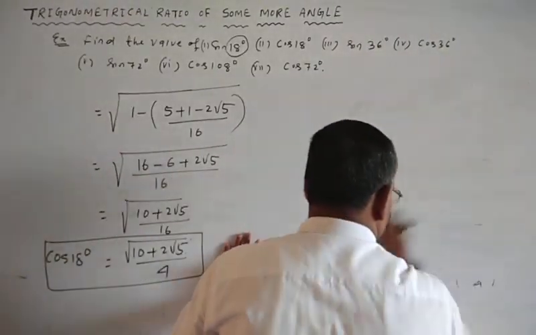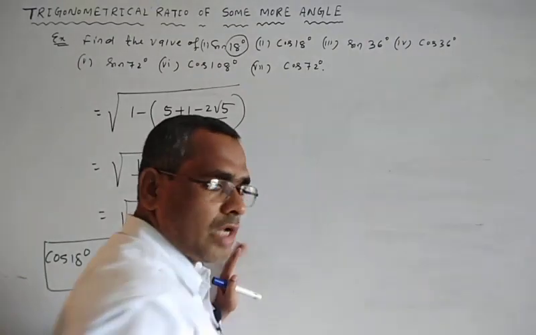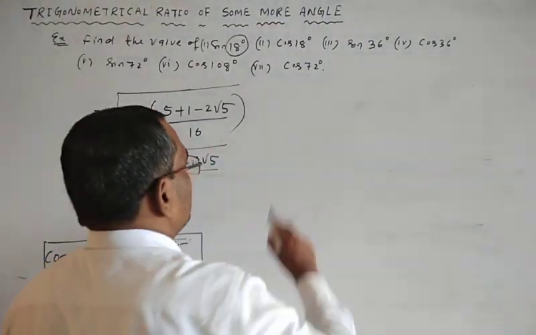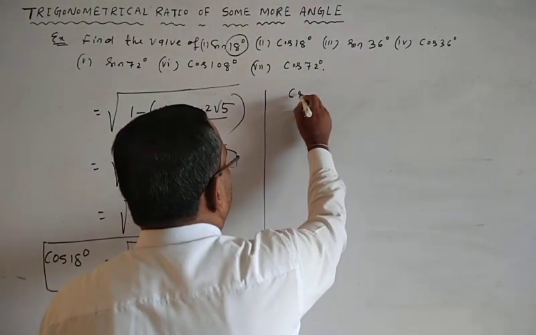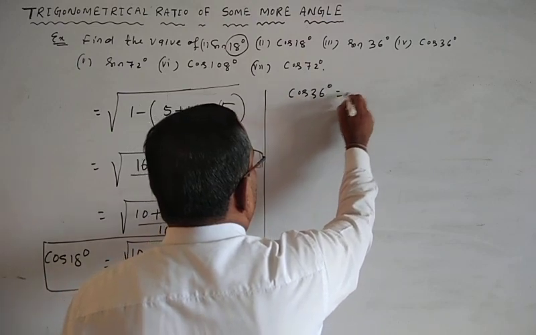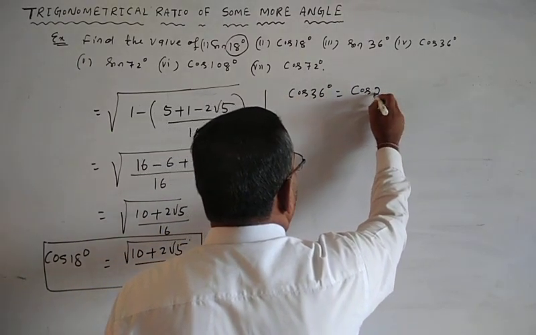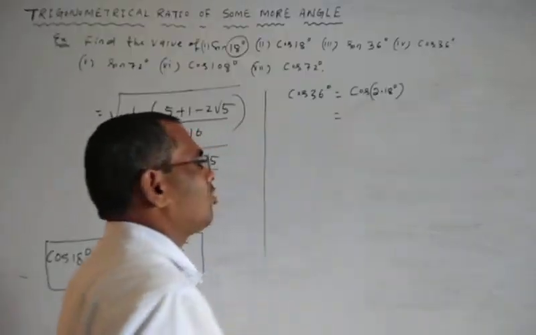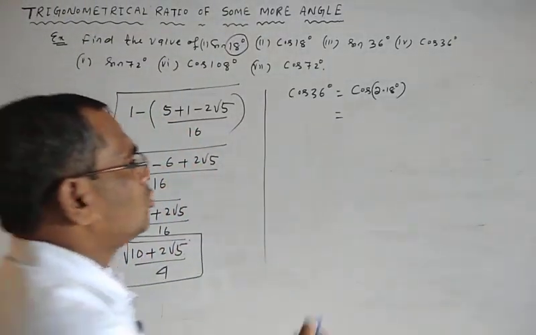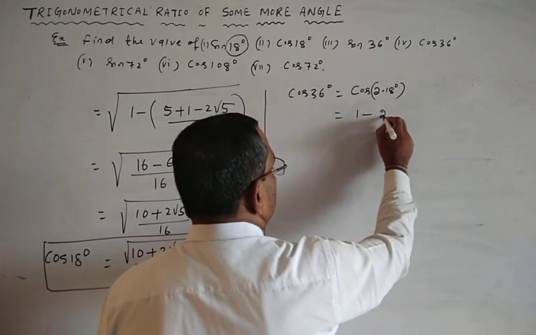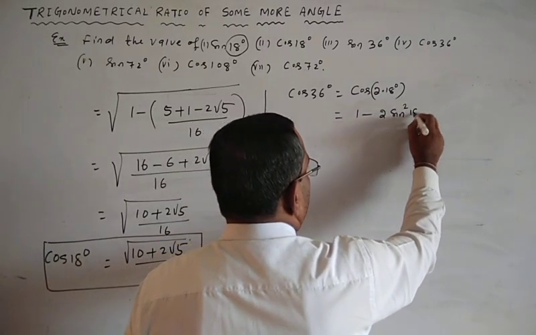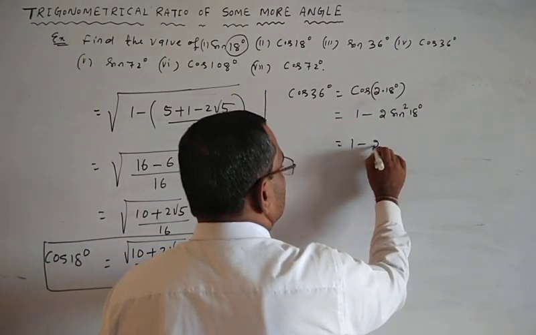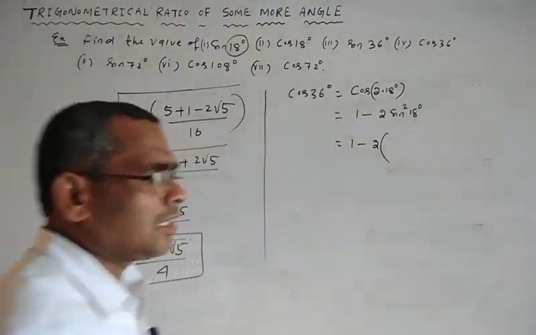Cos 36 degrees is equal to cos of 2 into 18 degrees. So this is cos 2A, which is equal to 1 minus 2 sin square A. So this is 1 minus 2 into sin 18 degrees whole square.